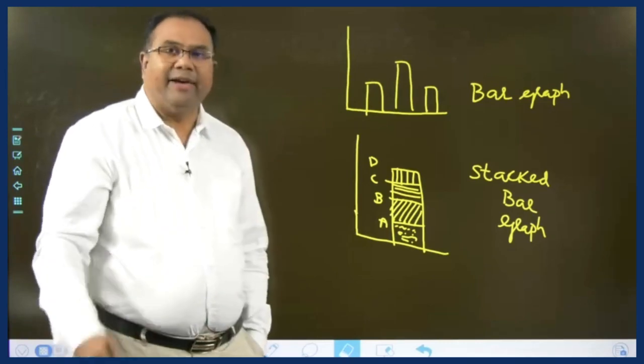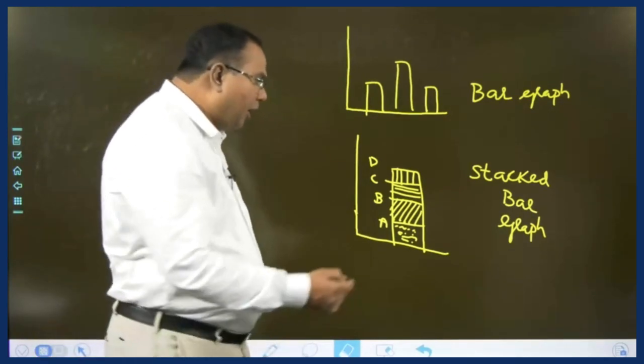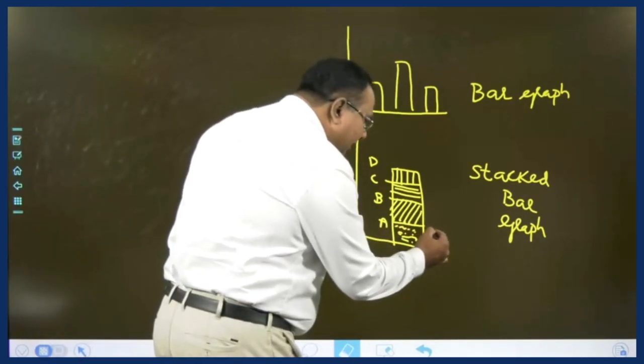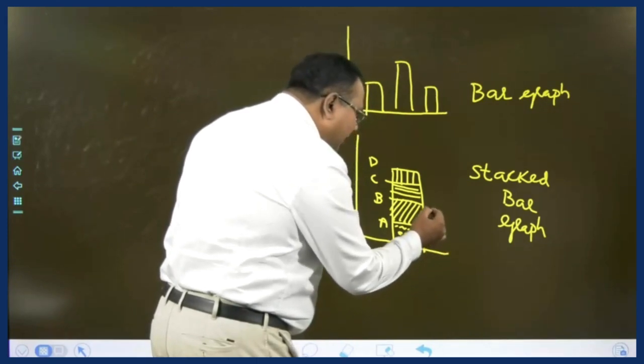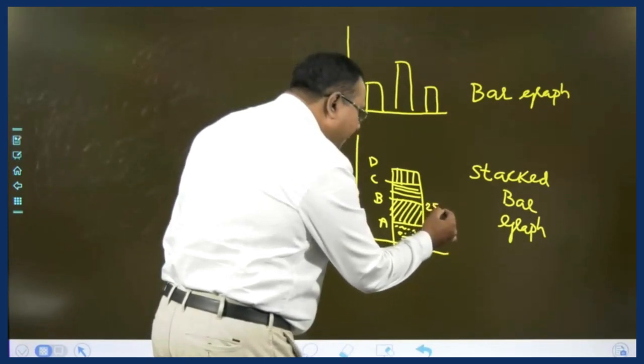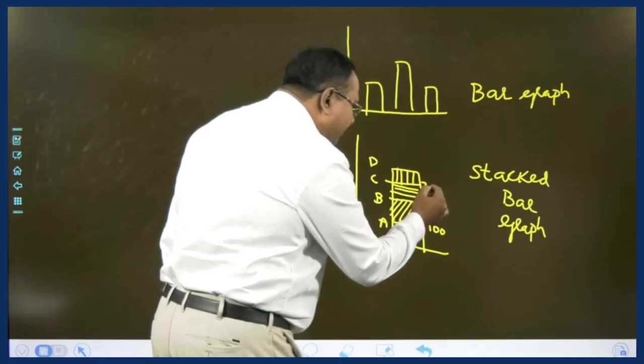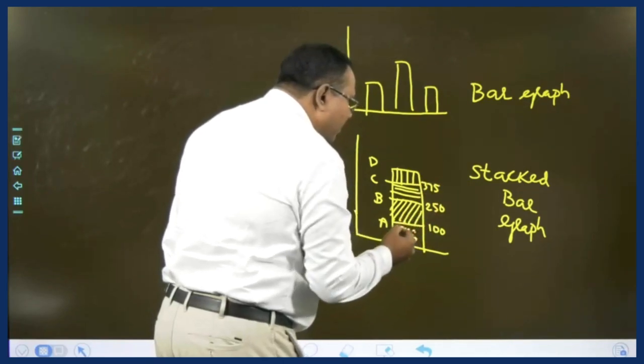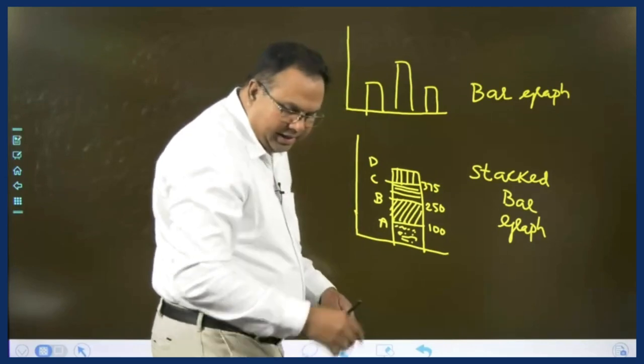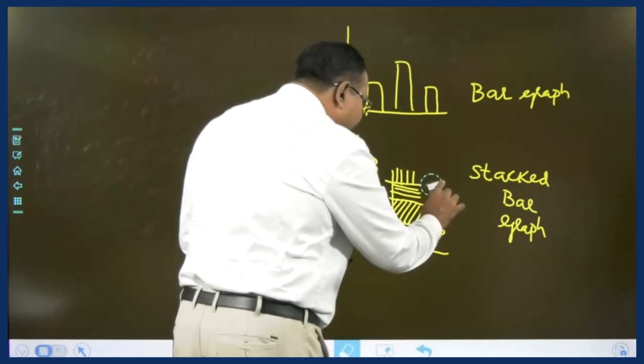Now, how do you read the values here? That is important. Let's say this is 100 and let's say this is 250.